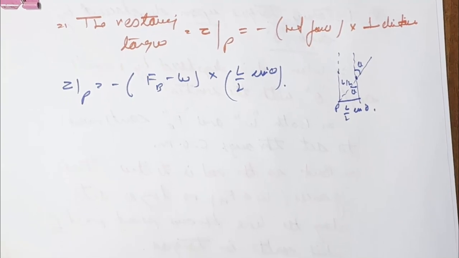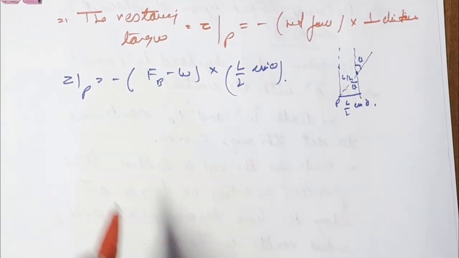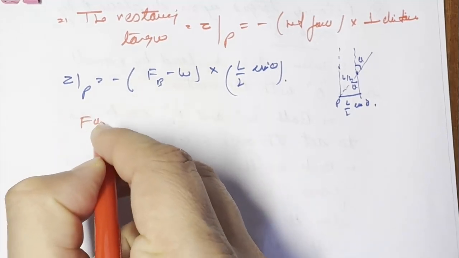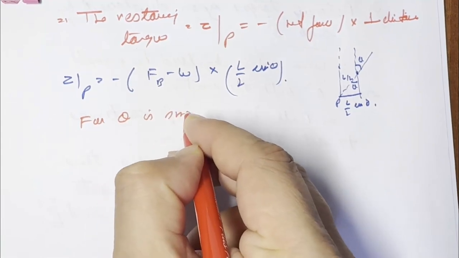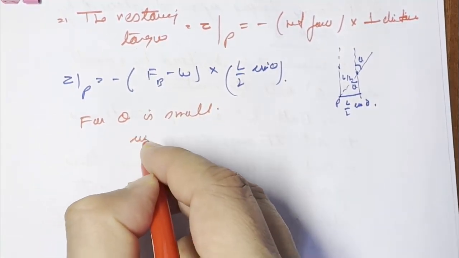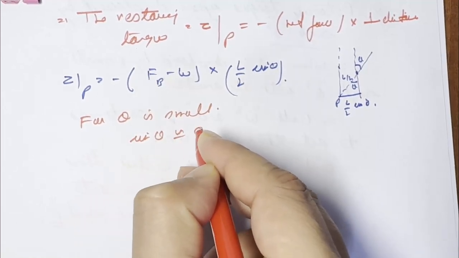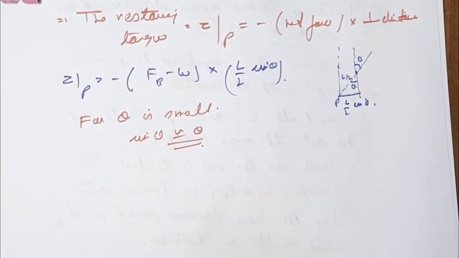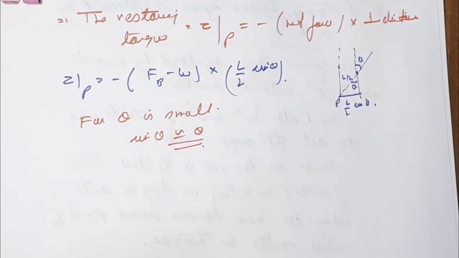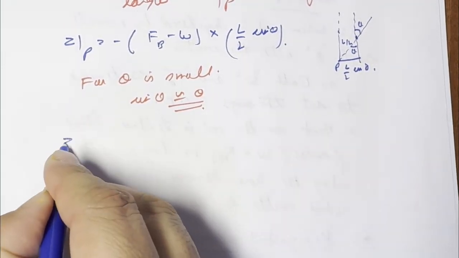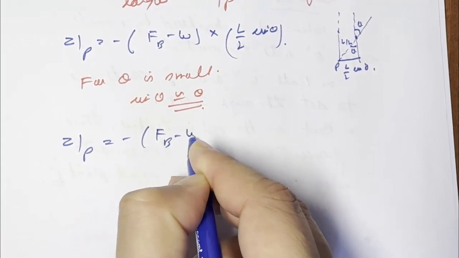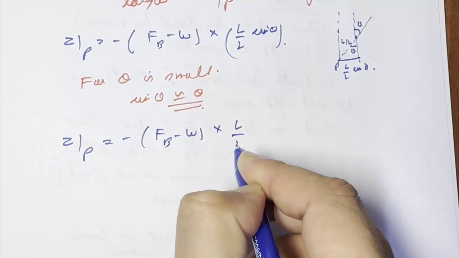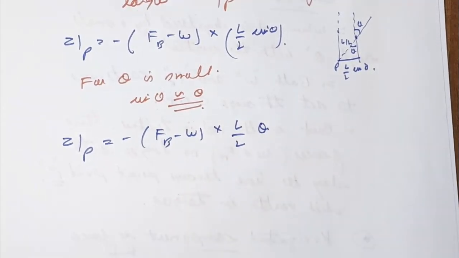In the question itself it is given that theta is small, so for small theta, sine of theta can be approximately equal to theta. From this we can write that the torque about point P is equal to minus Fp times omega, which we can write as L by 2 multiplied by theta.